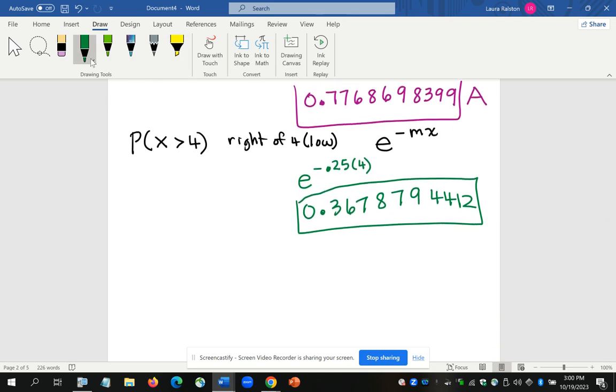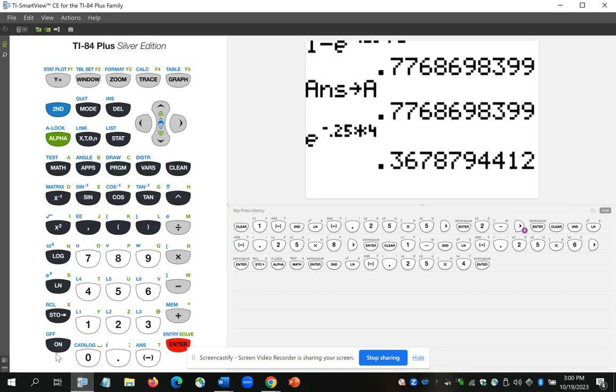Now you can retype those numbers in, but eventually what you've got to do is subtract those two numbers. So I've got to subtract 0.7768698399 minus 0.3678794412. Now you can retype them, but I can also have my calculator do it for you. So I'm going to recall my A value.